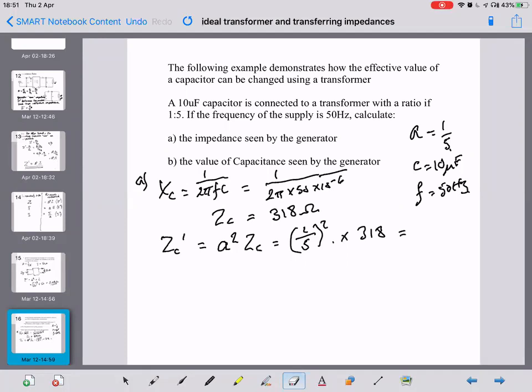I got 12.72 for that. Yeah, 12.7 will do fine. That's what I've got in my solution. Ohms, yeah? Yep.